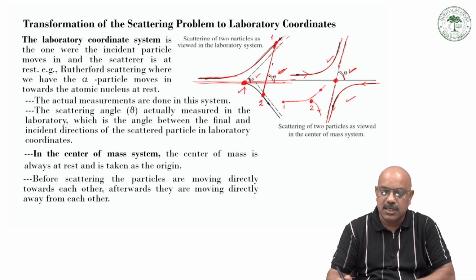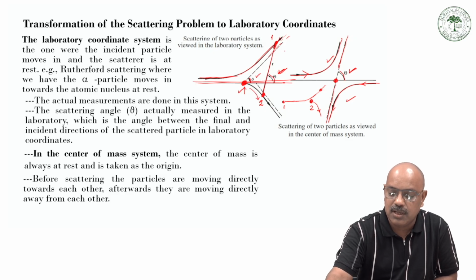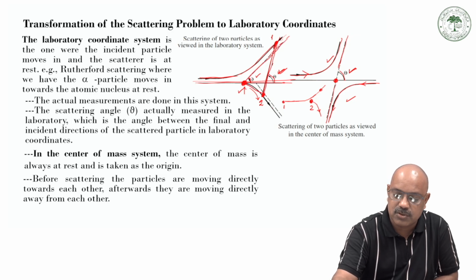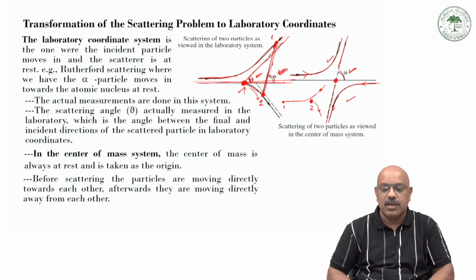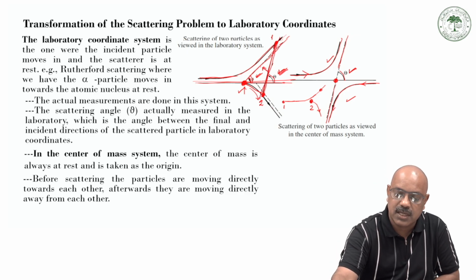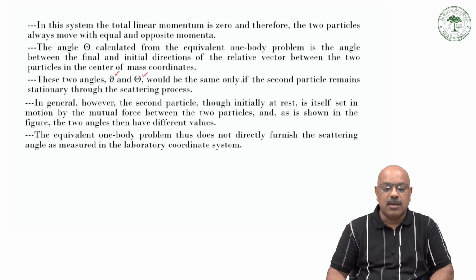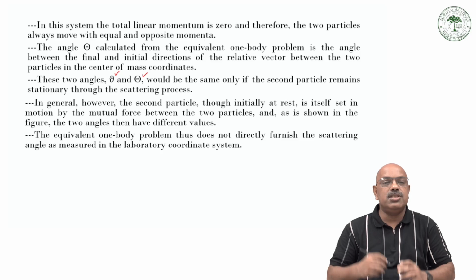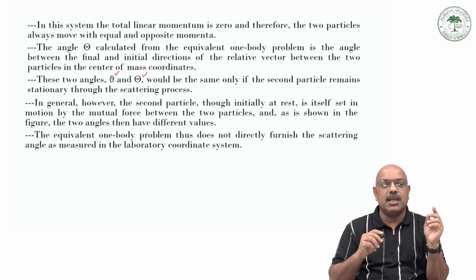Okay, so if this particle is stationary and not moving in this direction, then this vector shifts here, and the scattering angle and this theta are going to be the same. The whole vector is just going to shift from this direction to this direction, and you have the same angle.